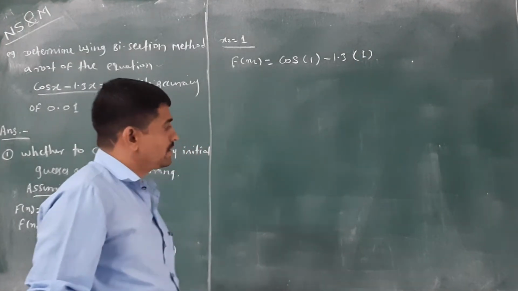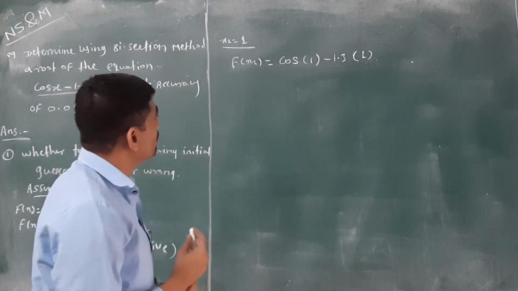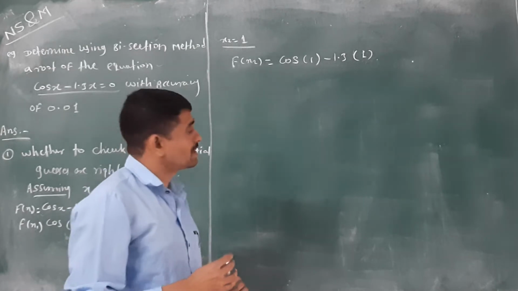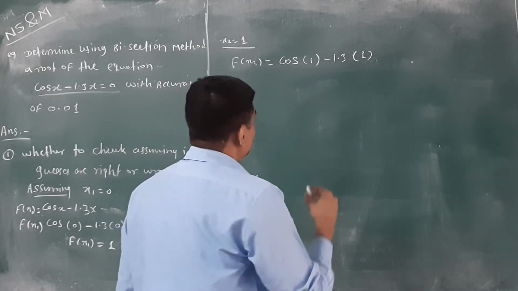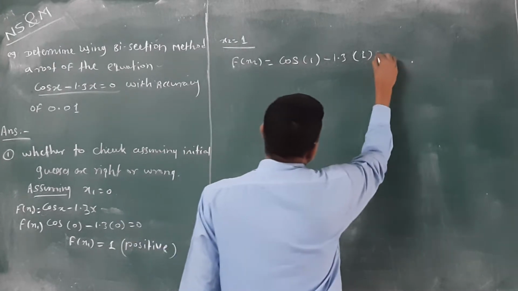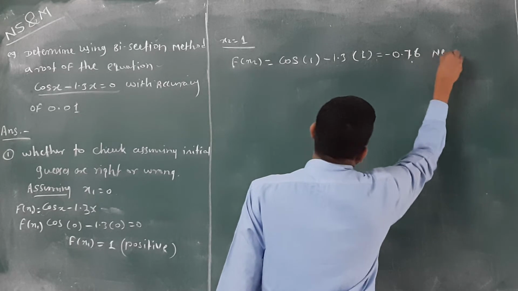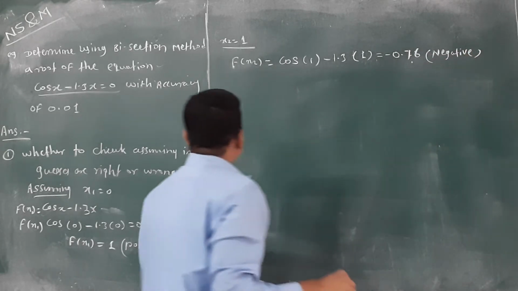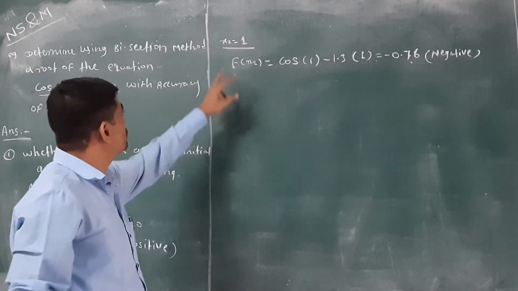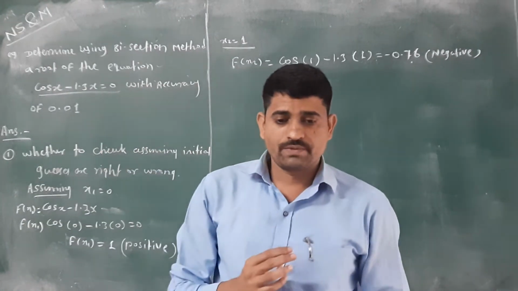When you calculate f of x2 is equal to cos 1 minus 1.3 into 1, you will get the value minus 0.76. This is the negative value of f of x2 when you are assuming x2 is equal to 1.